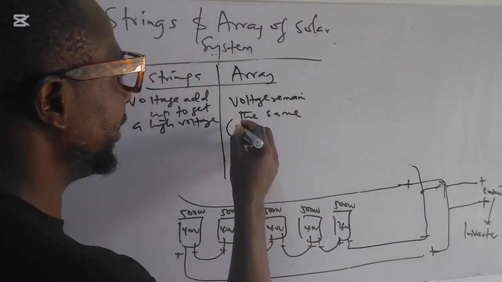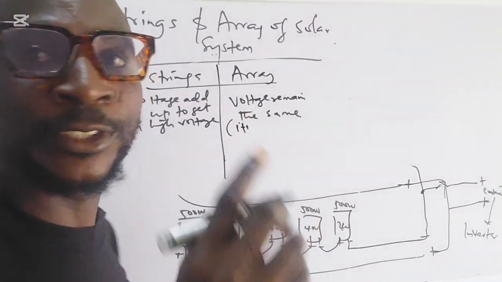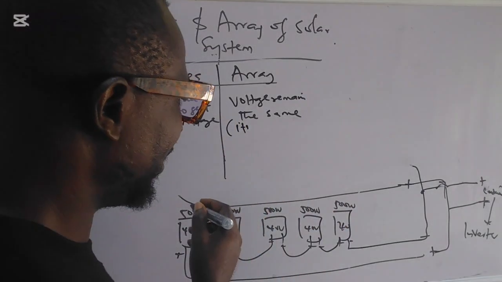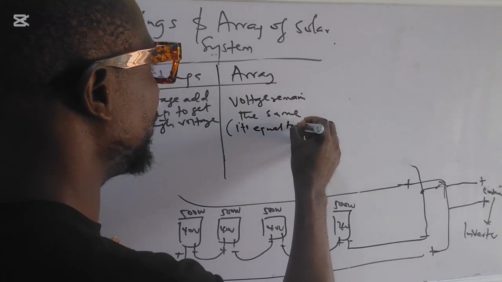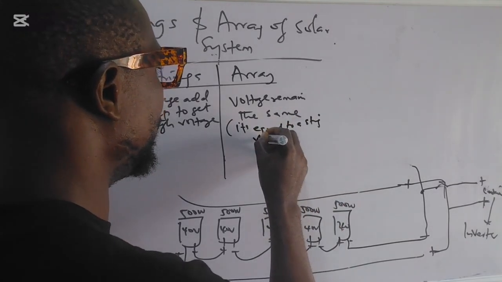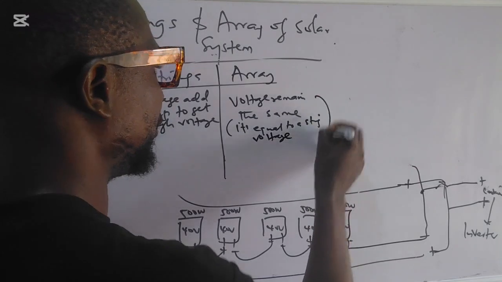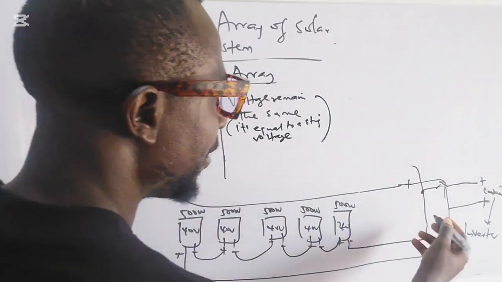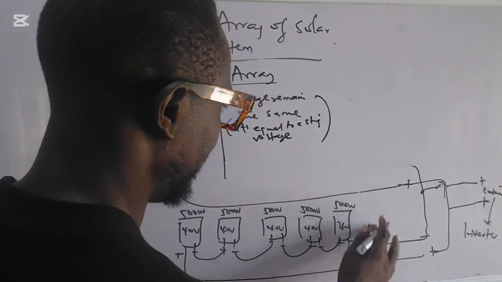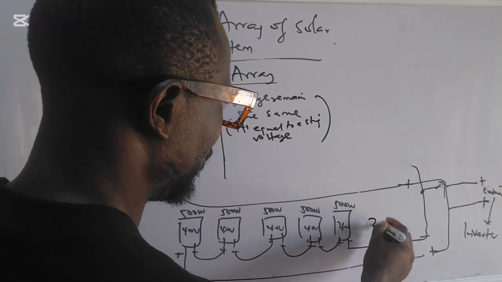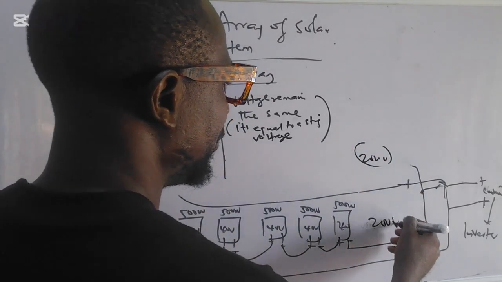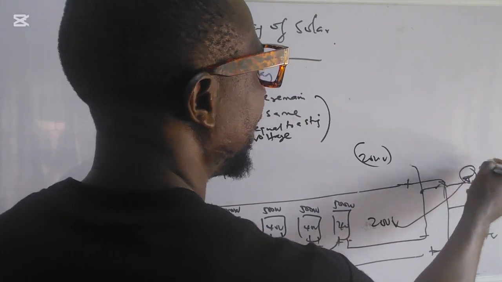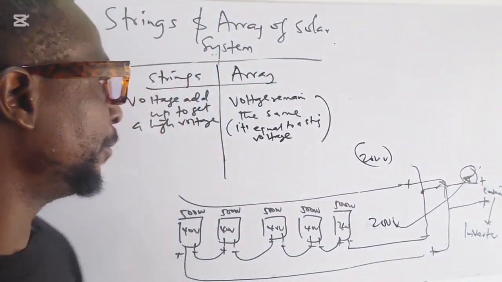It is equal to a string voltage. So here we have 200 volts. The first string had 200 volts. At the end, we have 200 volts as the solar array voltage.